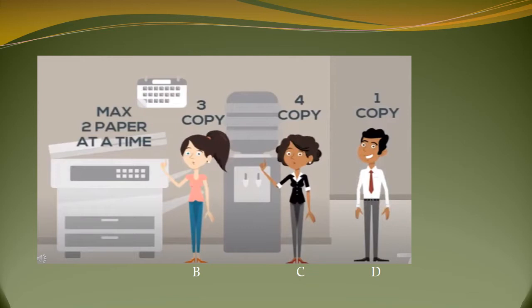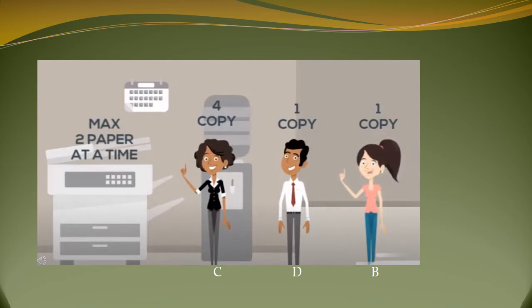So B was given only two copies of three by the Xerox machine, and again went to wait at the last position of the queue for her rest of one copy of Xerox. And in the meantime, the other two customers, customer C and customer D, came to the front of the queue to have their copies.